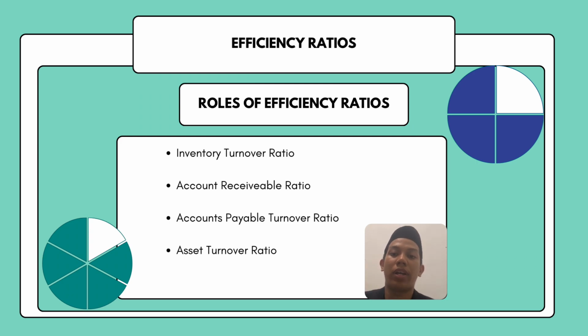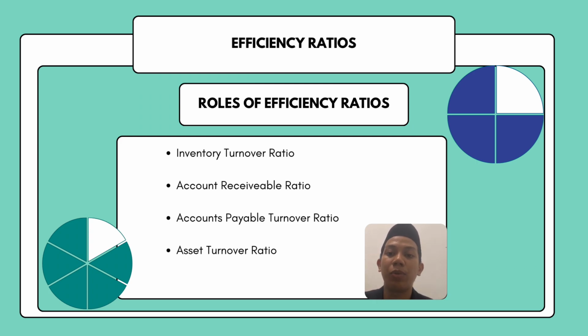For the third one, we have the accounts payable turnover ratio. This ratio shows how quickly a company pays its suppliers. A lower ratio may indicate the company is taking advantage of credit terms, while a higher ratio could suggest the company pays off its suppliers too quickly, potentially harming cash flow.